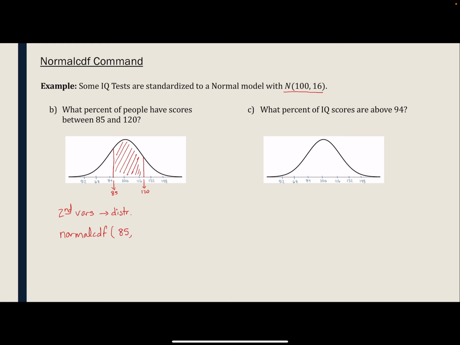The upper is going to be 120. The mean is 100 and the standard deviation is 16. And you will get 0.72 or 72%.